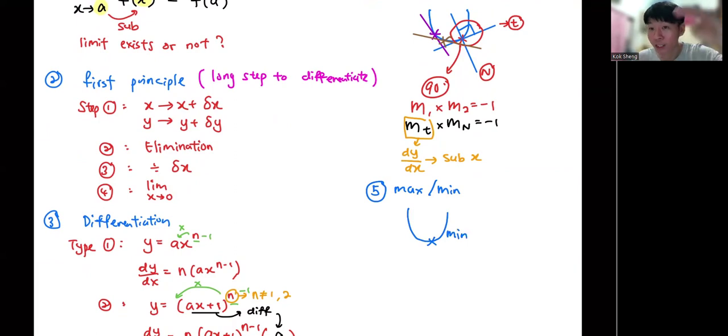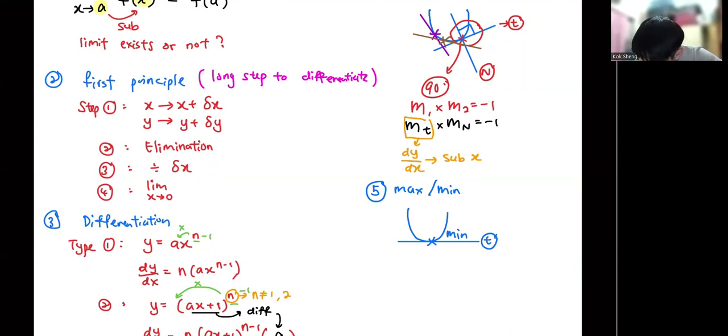And you know that the tangent passes through the minimum point, somewhere around here, correct? And this line, you can see, is totally straight, like the horizontal line, like the axis. So for this gradient, it must be 0.